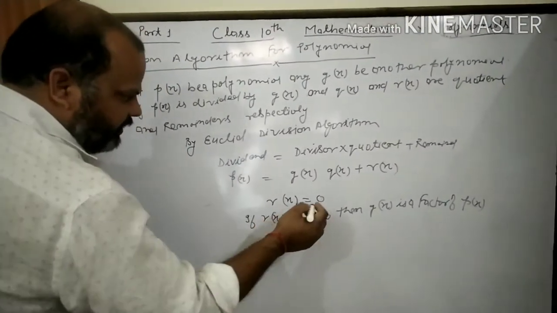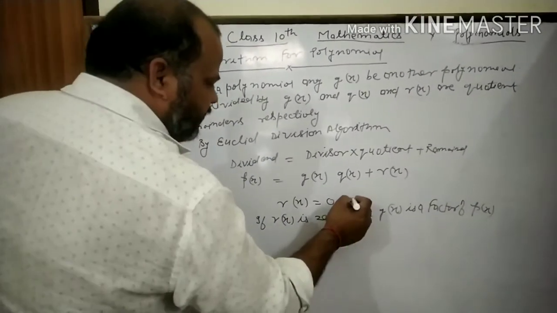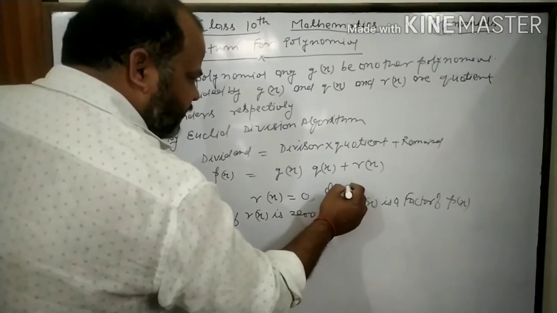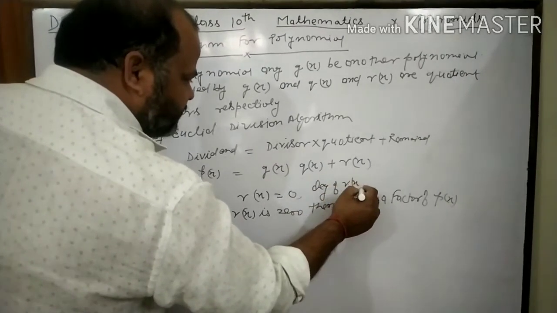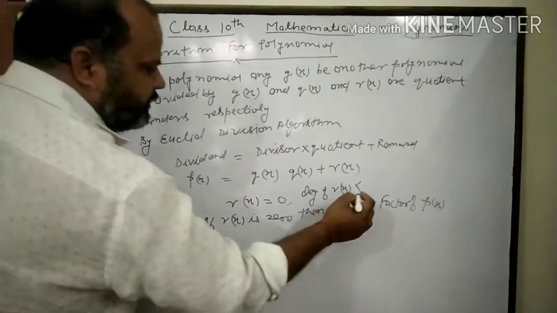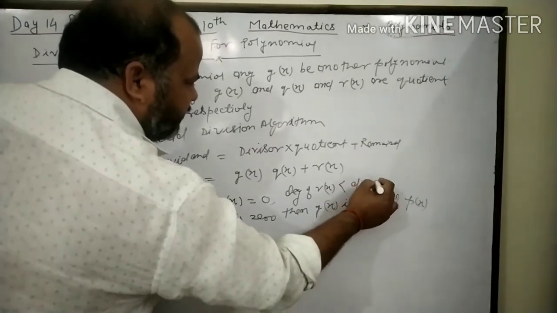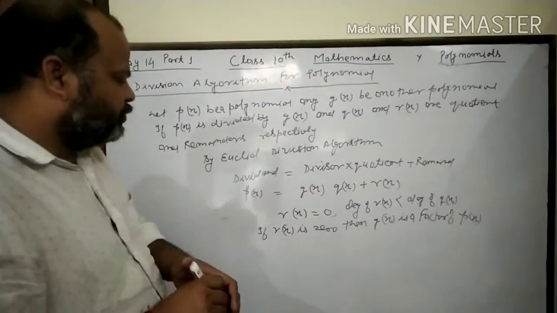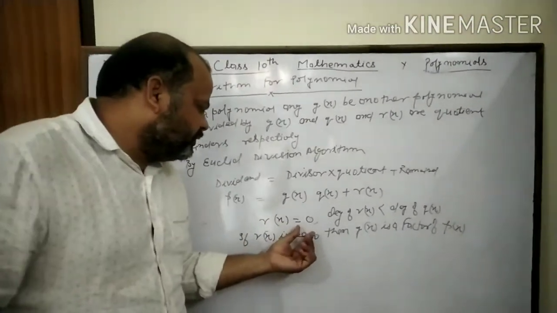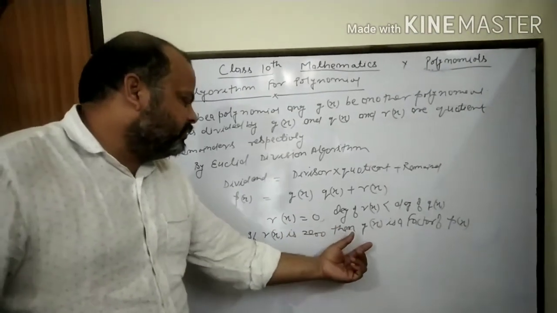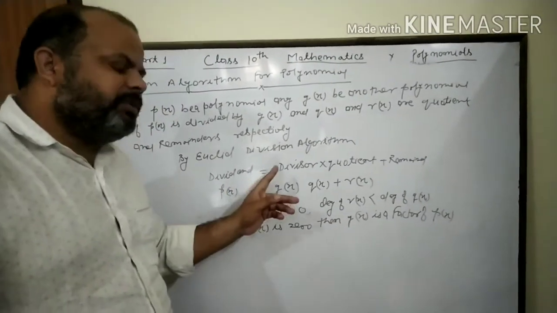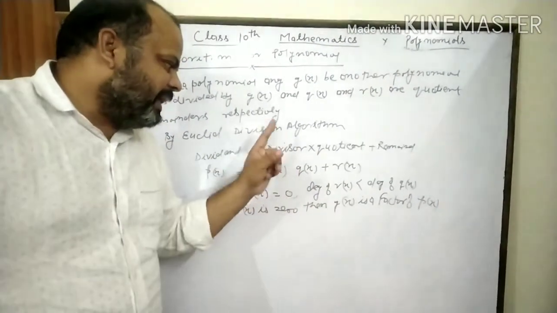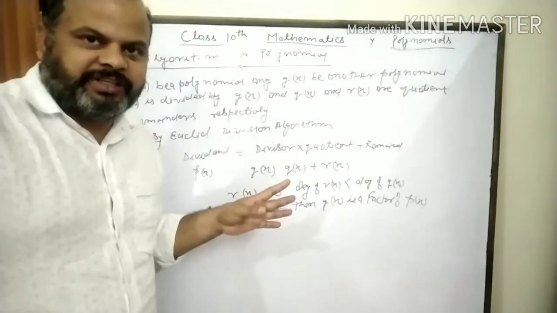And in the other case, the degree of Rx is less than the degree of Gx. Here are two cases: if Rx is equal to 0, then Gx is a factor of Px, and otherwise the degree of Rx is always less than the degree of Gx.